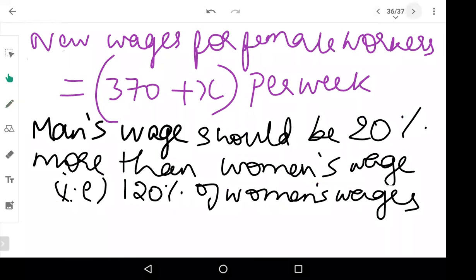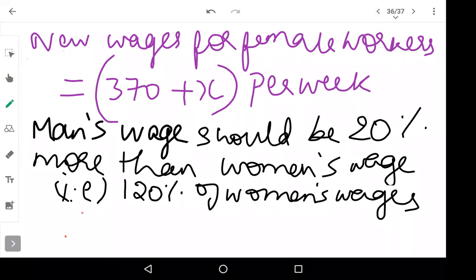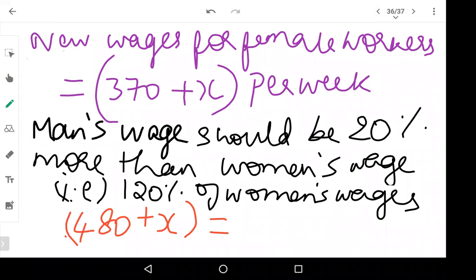Let me write down the equation. 480 plus X, this is the man's wage, is equal to 120%. 120% means 120 by 100. So how much do you get? 1.2. 120 by 100 if you do, what is the answer you get? 1.2.